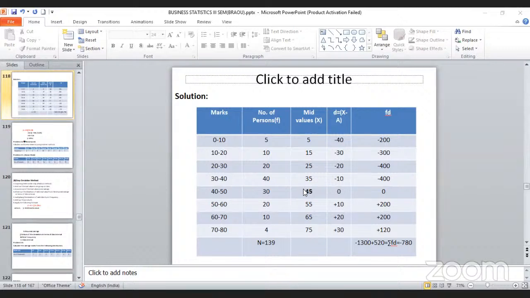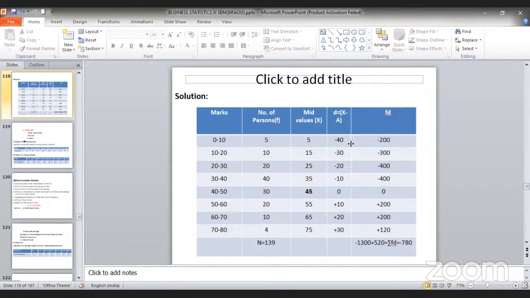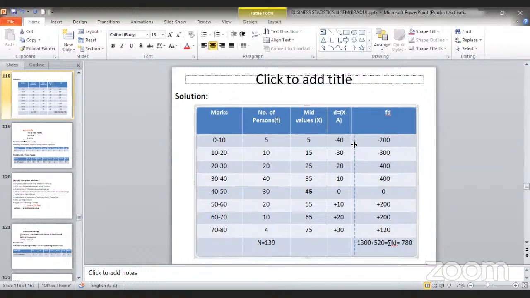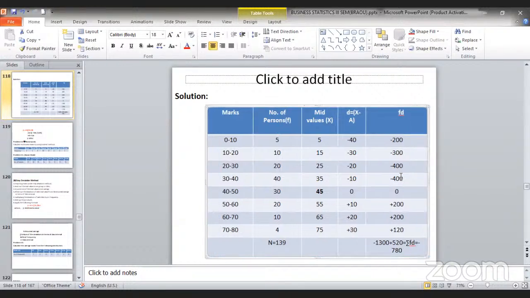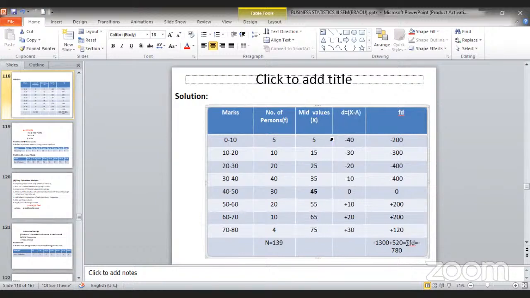So when I assume the 45, D is equal to X minus A. What is the X?